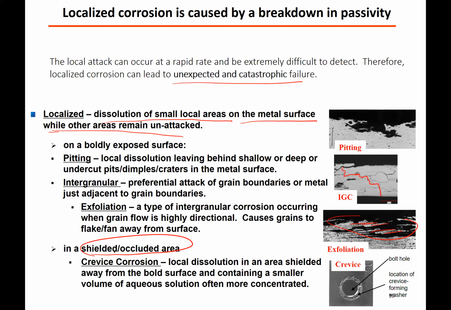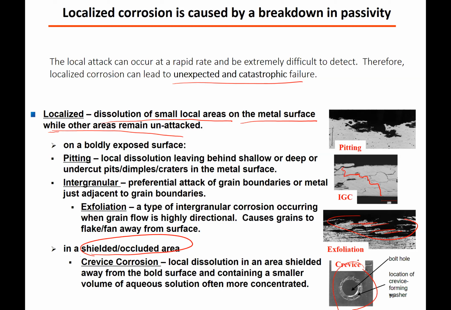So what that means is, let's say you have a bolt, if you can actually create a crevice and cause crevice corrosion, where there's local dissolution in an area that's shielded away from the bolt surface, it can contain smaller volumes where you can concentrate that electrolyte.